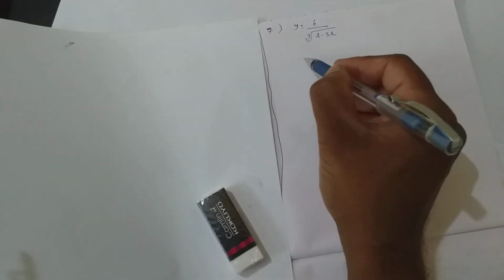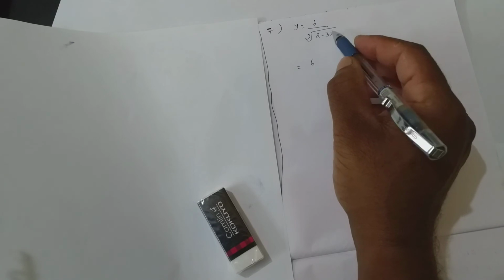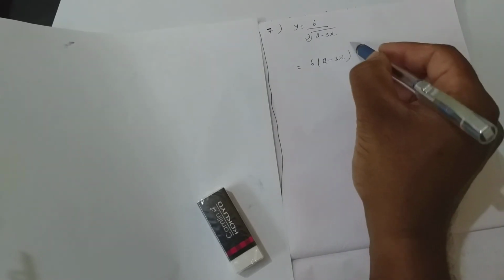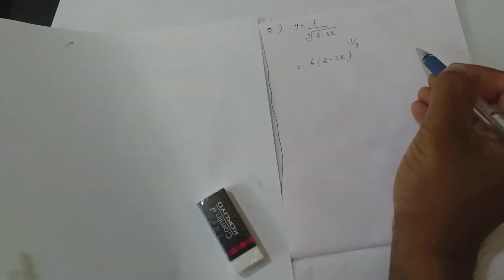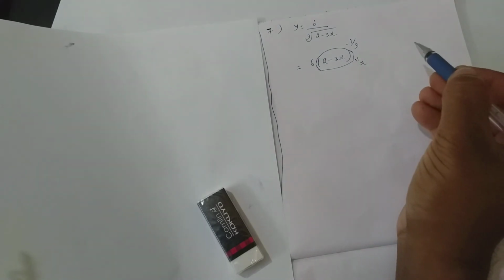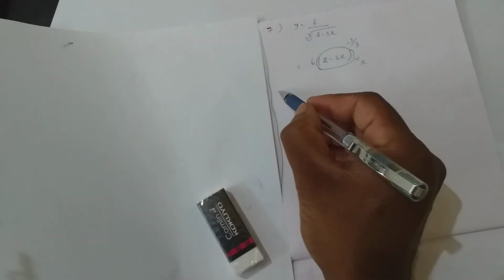Look at next sum now. If y equal to 6 by cube root of (2 minus 3x). First (2 minus 3x) power 1 by 3 will come up. It becomes (2 minus 3x) power minus 1 by 3. Am I clear first with the first step? Next, you will assume this entire thing to be x. So it is now x power minus 1 by 3.